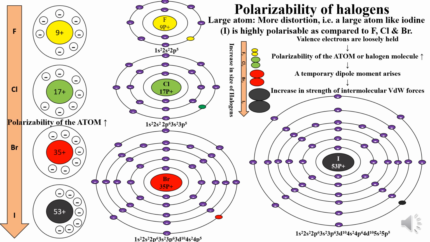Now in case of the iodine atom, because of its bulkier size, the valence electrons are loosely held, and as a result, polarizability of the atom is favorable. It increases, a temporary dipole moment arises, and this leads to an increase in strength of intermolecular van der Waals forces.